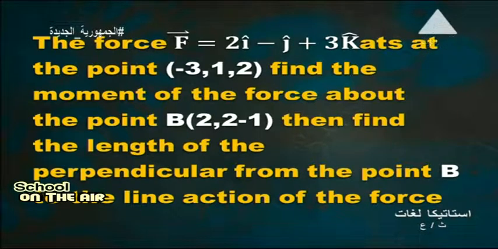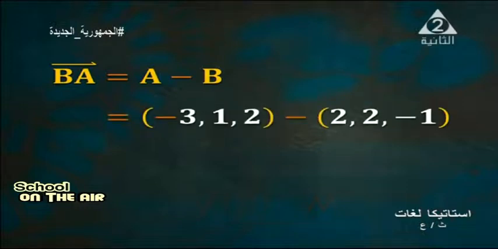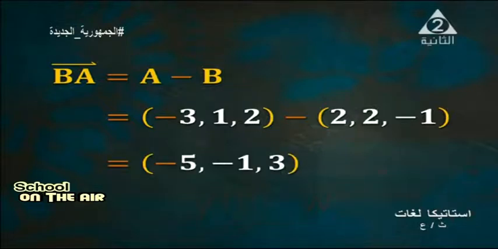My dear student, in this example, we know the vector BA equals point A minus point B. Therefore, by subtracting each component from the corresponding one, the vector BA equals (-5, 1, 3).